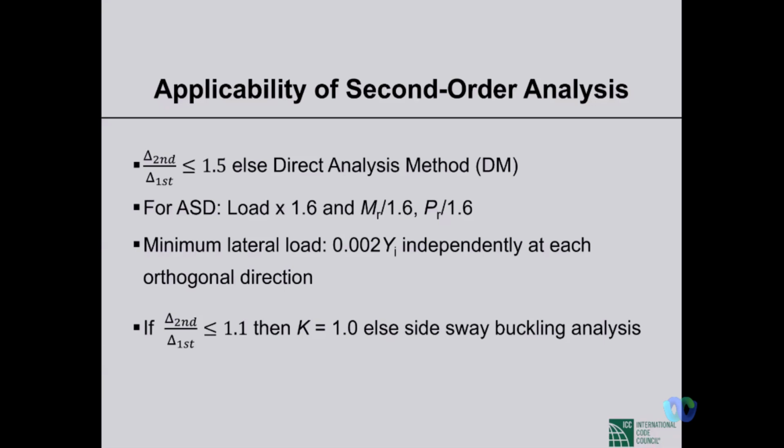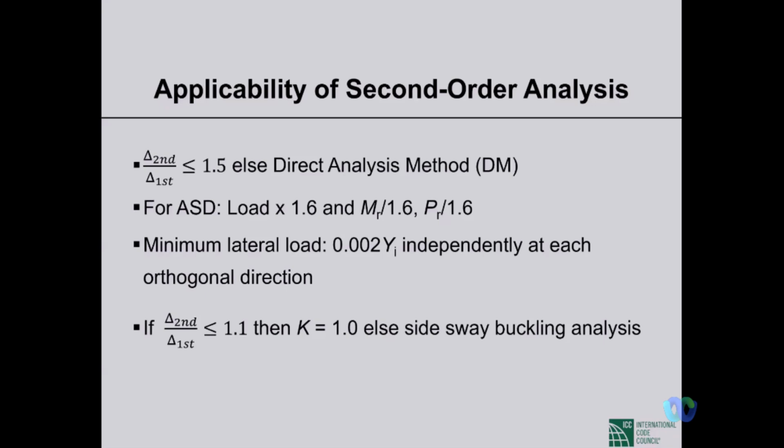The ratio of these two must be less than 1.5 if we want to adopt second order analysis the way I have just mentioned, the no translation, lateral translation method. If it is more than 1.5, then we have no choice but to abandon these simple methods and go for the direct analysis method, which is a very recent method. I'll talk about that tomorrow.